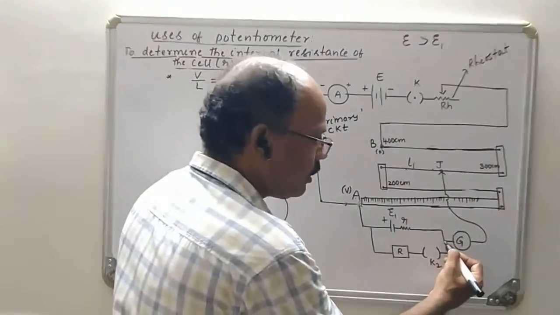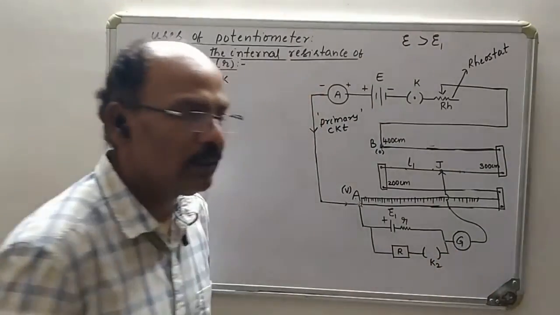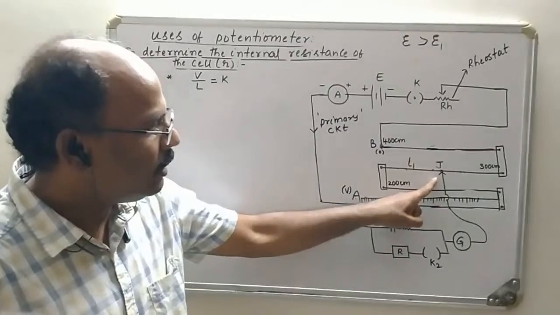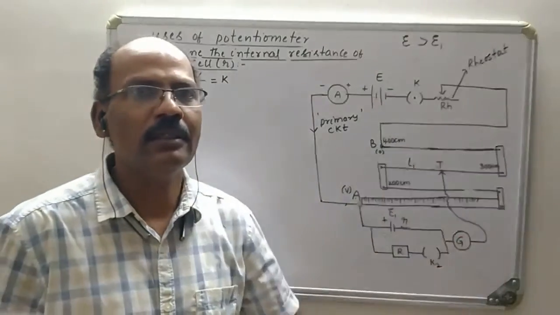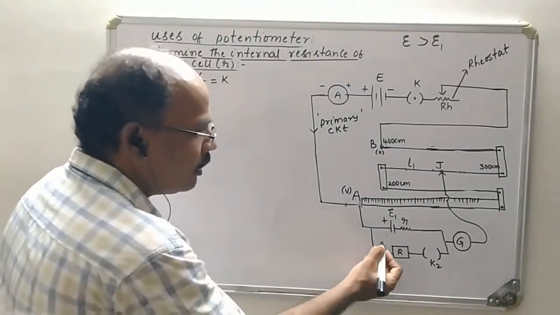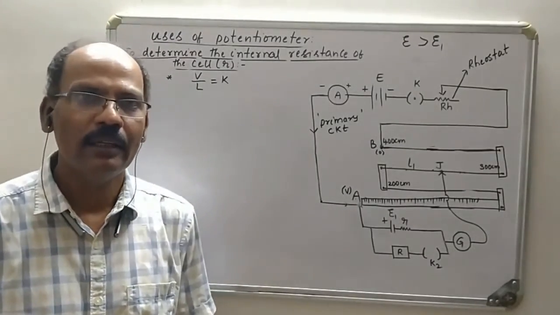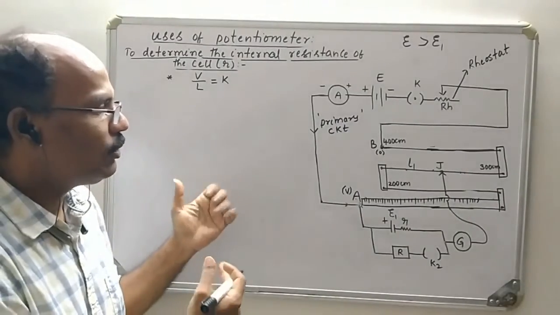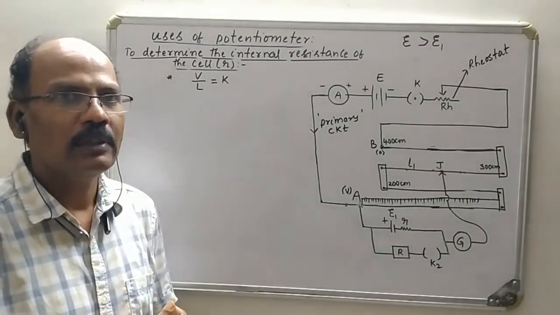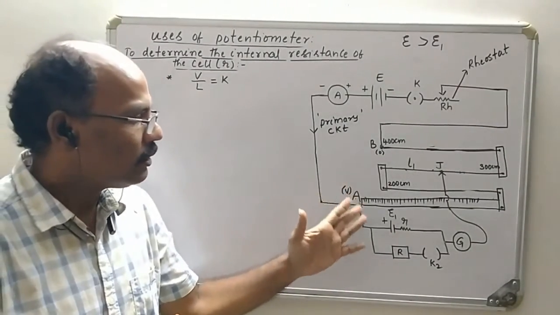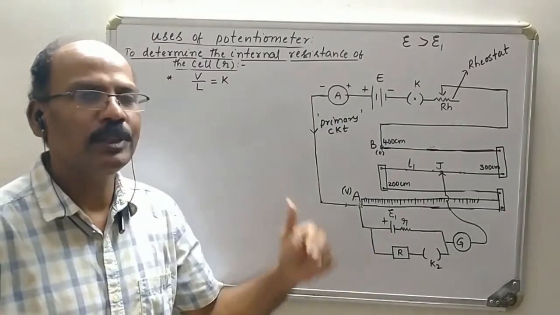The common point of both is connected to a galvanometer and a jockey J in series combination. This is called the secondary circuit. Then we come to the working of the potentiometer by consideration of the principle.